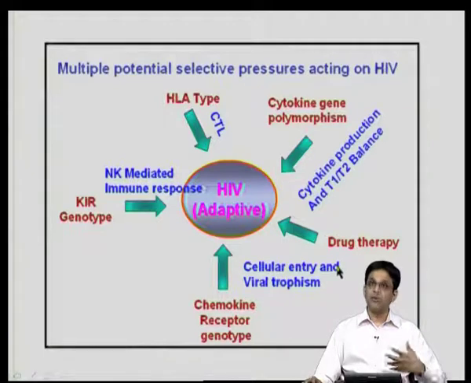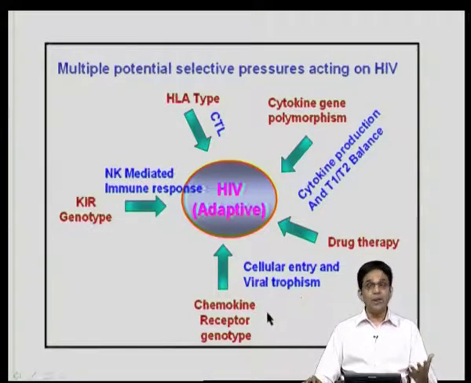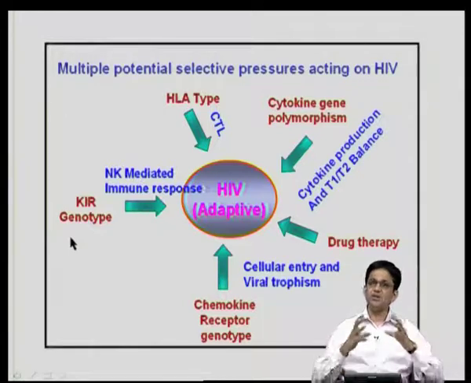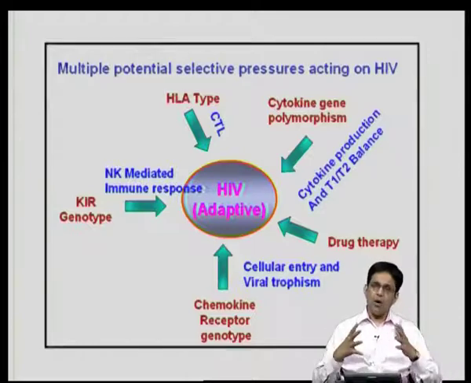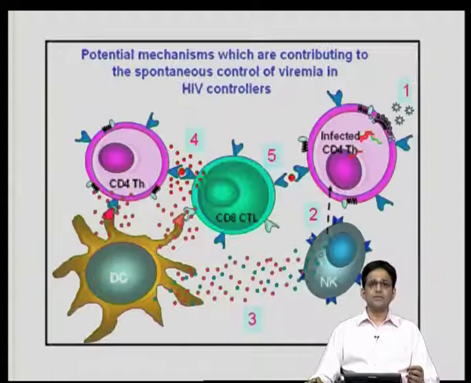Meanwhile, because you are giving drug therapy, you are selecting for certain types of viruses. You have the chemokine receptor; I talked about the deletion of 32 base pairs in the CCR5, and then you have the NK receptor genotype. So there are different combinations that play an important role in finally determining the outcome of HIV, and it is very important to understand these different factors.